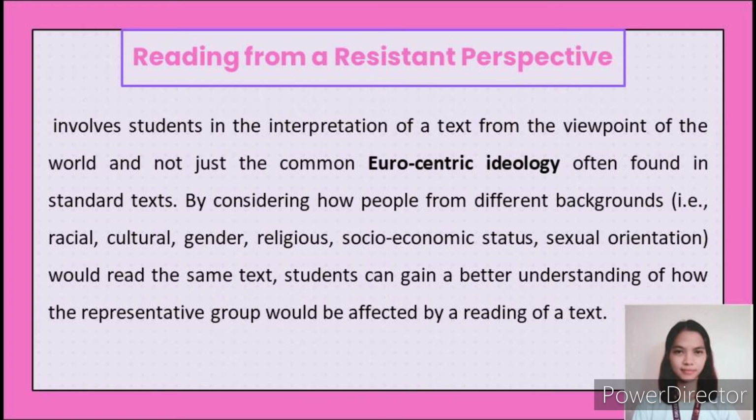Students can gain a better understanding of how the representative group would be affected by a reading of a text. It is based on how the students read the text.